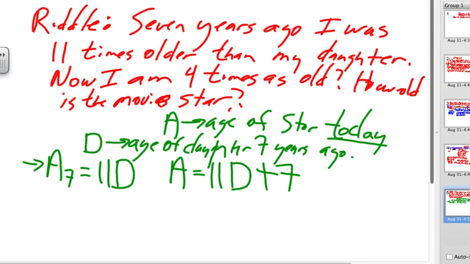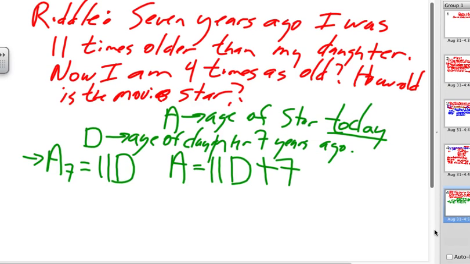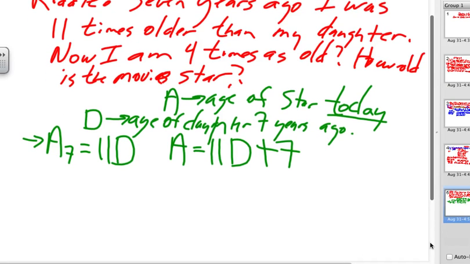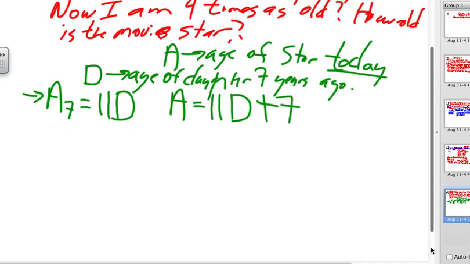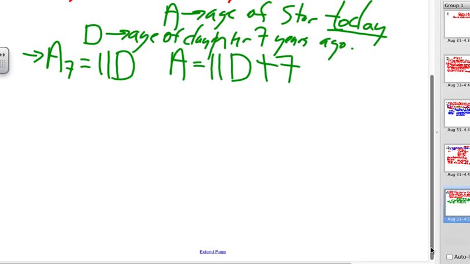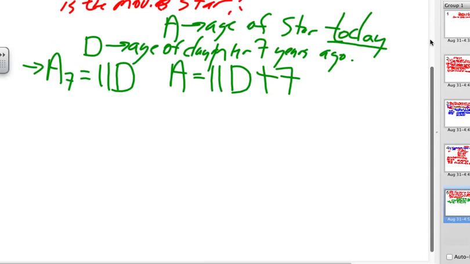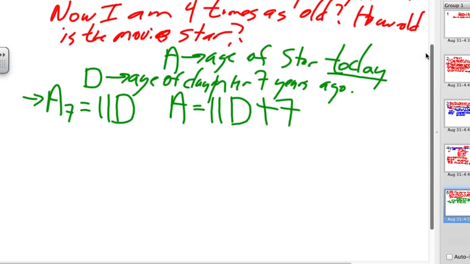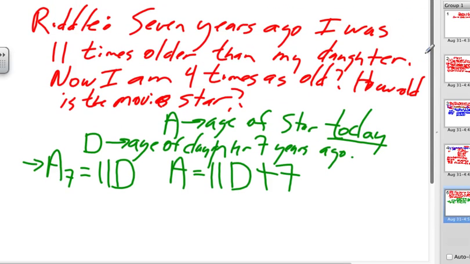So there's one equation. And if we had the age of the daughter at this point, this would be sufficient. But we do not have the age of the daughter, so we have to come up with another set of equations.